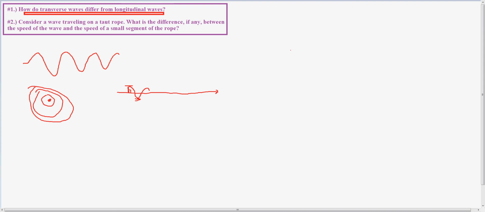For longitudinal waves, if you just clap your hands, you'll compress the air. If we have a wave going this way, it'll be an air compression, and each one of these air compressions coming out is in the direction of motion.